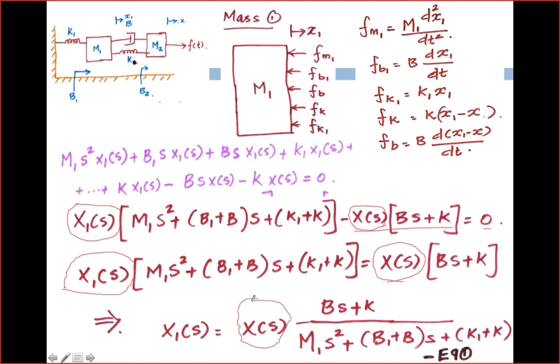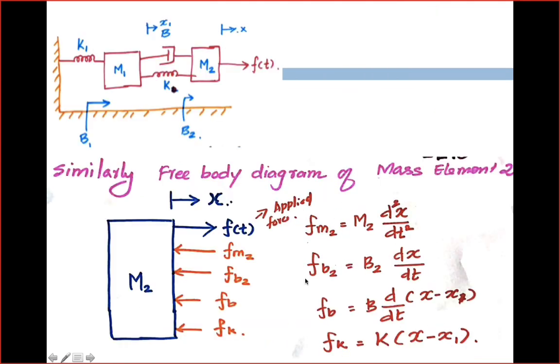I have interchanged the terms and coefficients, so I can write X1 of s is equal to X of s into (b s plus k) divided by (m1 s square plus b1 s plus b s plus k1 plus k), and we are going to consider this as equation 1. Next, we are going to move to mass element 2.